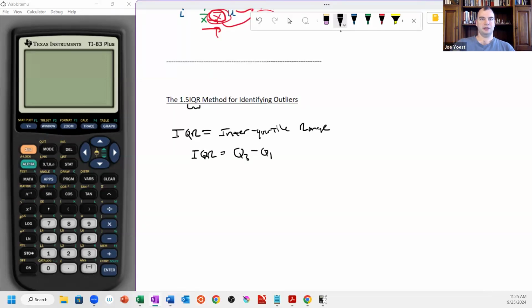It's the distance spanned from the first quartile to the third quartile. So if I were to have, say, a data set that looked like this, and maybe I have Q1, the 25th percentile here, and maybe Q3, the 75th percentile there, this distance would be the IQR.